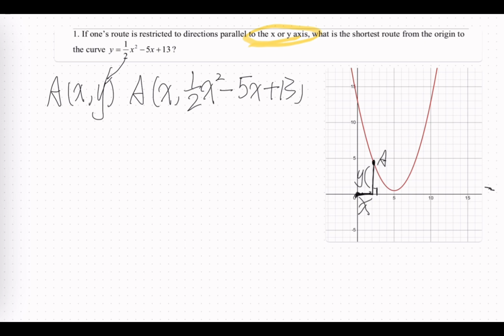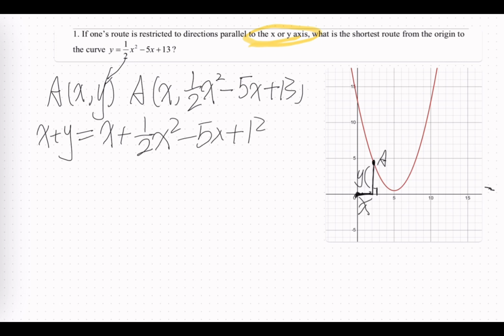So what we are looking for here is x plus y, right? Which also equals x plus a half x squared minus 5x plus 13, which is also a half x squared minus 4x plus 13.